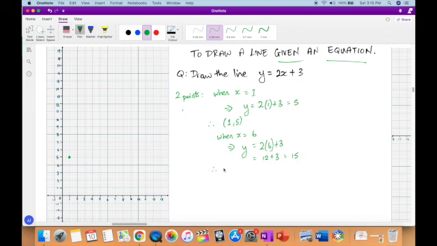Therefore, the second point when x is 6, y is 15. So therefore my 2 points are 1, 5 and 6, 15. Right? So I already plotted 1, 5. Let me plot 6, 15.